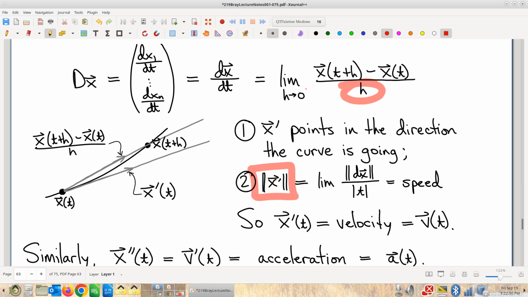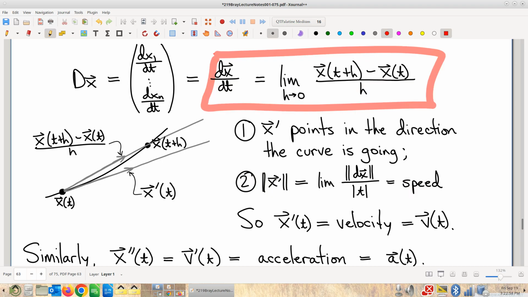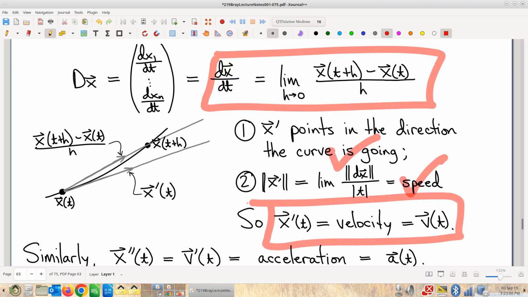It's literally distance per unit time. It's literally speed. So altogether, this thing is a vector that points in the direction you're going, and the magnitude is the speed, and that's the definition of velocity. So it's a really nice conclusion, a really convenient interpretation. When you're talking about a parametric curve, derivative just means velocity vector.